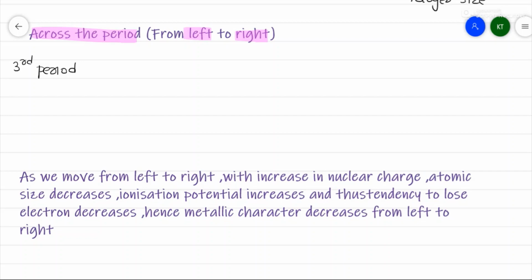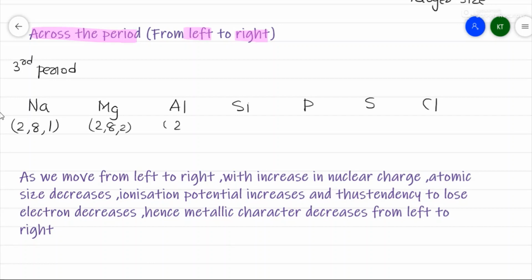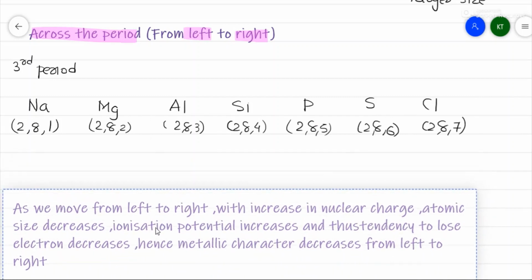The elements present in the third period are sodium, magnesium, aluminium, silicon, phosphorus, sulfur, and chlorine. Sodium, electronic configuration 2, 8, 1; this is 2, 8, 2; this is 2, 8, 3 for aluminium; 2, 8, 4; 2, 8, 5; 2, 8, 6; and 2, 8, 7.